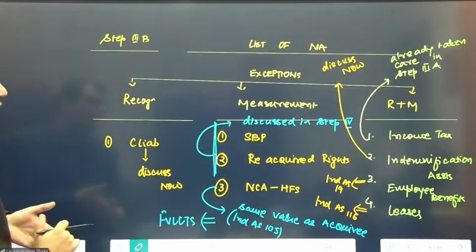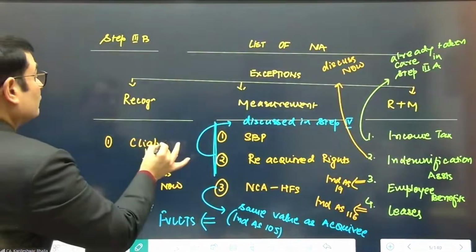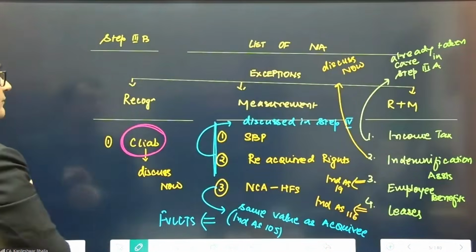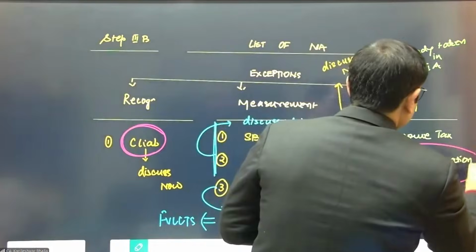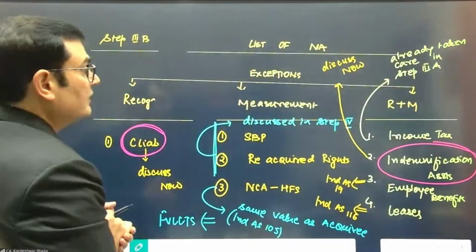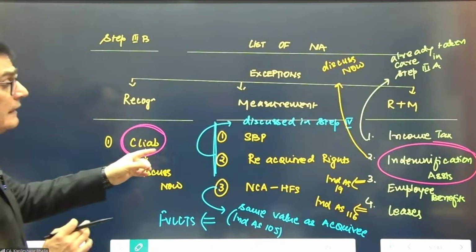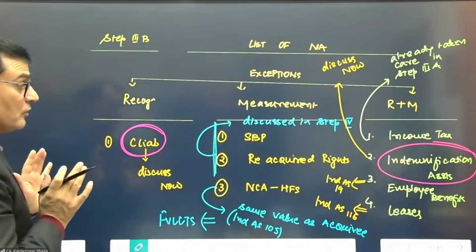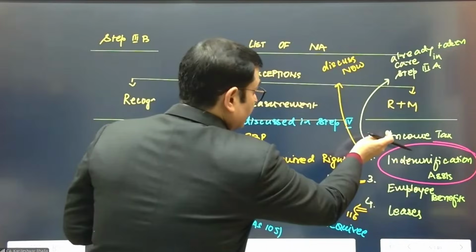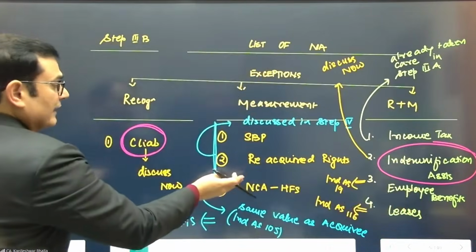So I guess now you can be very clear on what I need to discuss with you. I'm going to discuss the contingent liability. That's one. I'm going to discuss the indemnification assets. That is two. My focus is on the contingent liability as well as the indemnification, because some items are already discussed: income tax 3A, employee benefits and leases 3, and this 4.